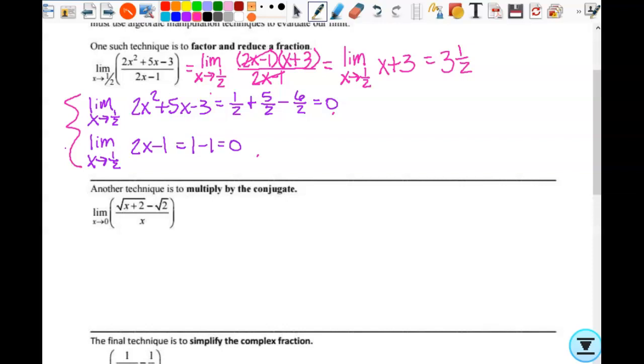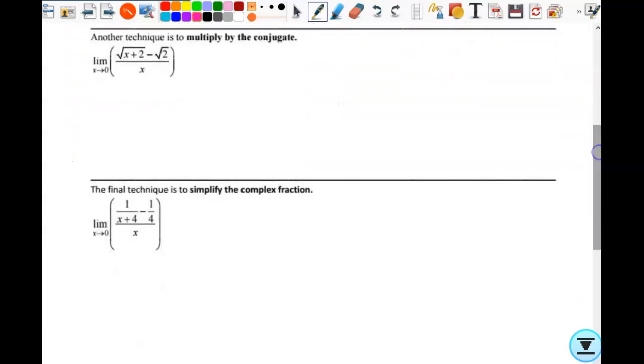Let's look at number 2. We're going to start the same way. We are going to do numerator and denominator. So I'm going to have the limit as x approaches 0 of the square root of x plus 2 minus the square root of 2, and the limit as x approaches 0 of x.